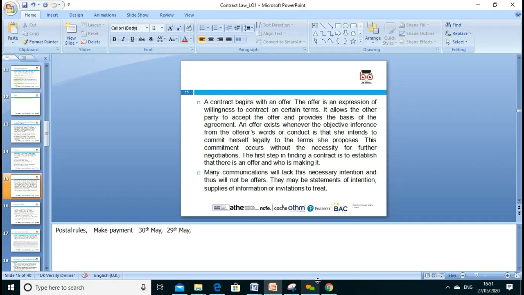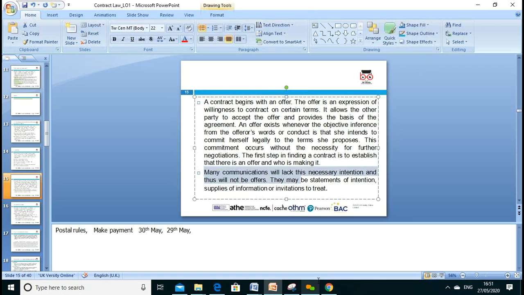You would have to have some sort of tracking and evidence to back it up. Because the postal rule says the date of postage is when your contract is formed, if there was already an offer and acceptance and you post something. So we need to look at those rules and the communication.